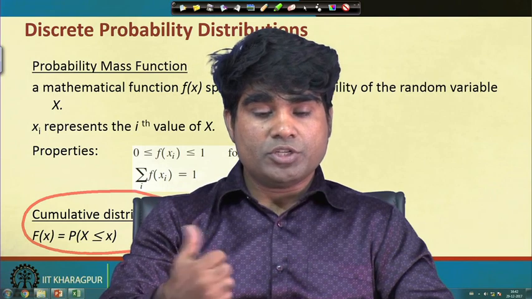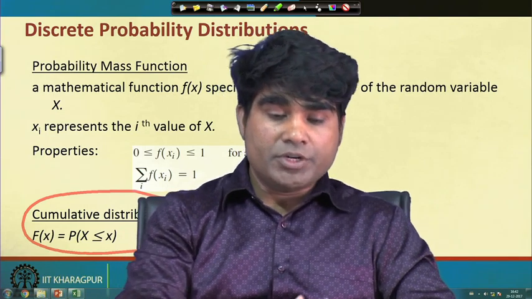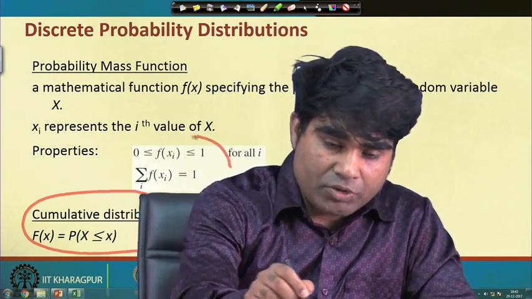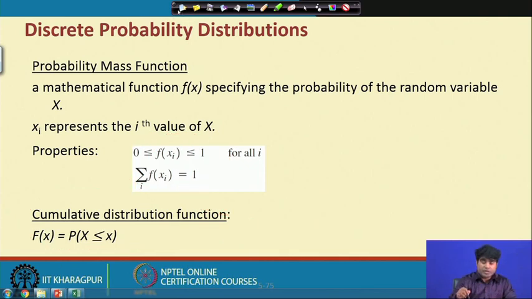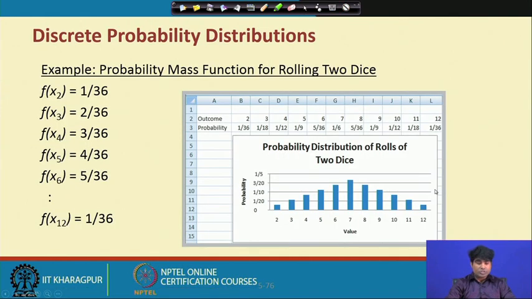That is the total probability. As we have already discussed, the value of a probability will be between 0 and 1, and the total probability will be exactly equal to 1. This is also applicable in the case of probability distribution, and accordingly you have to analyze the business problems.